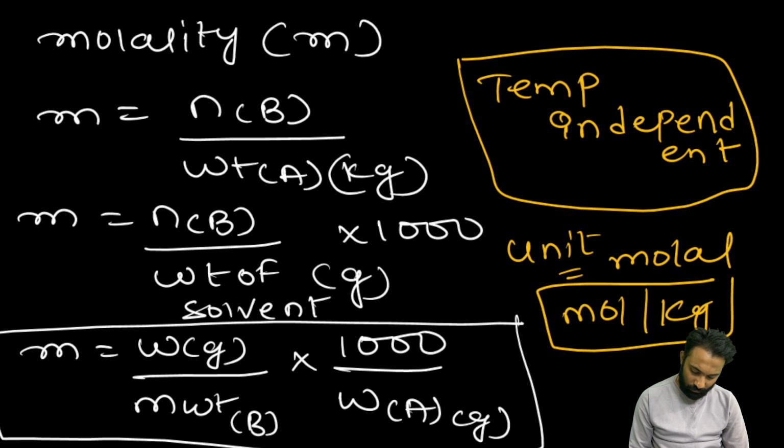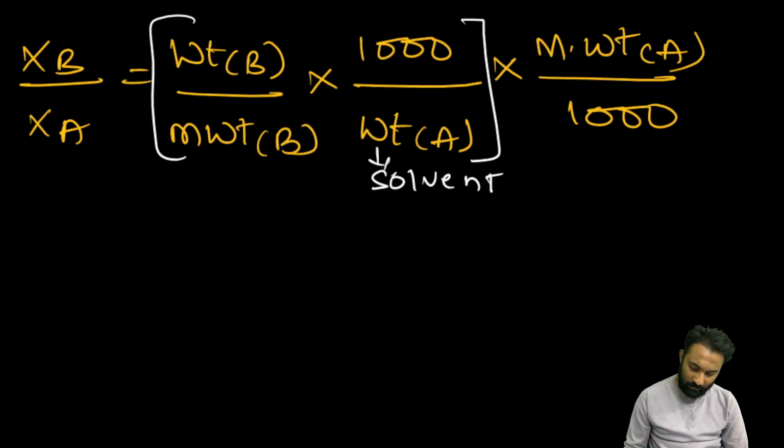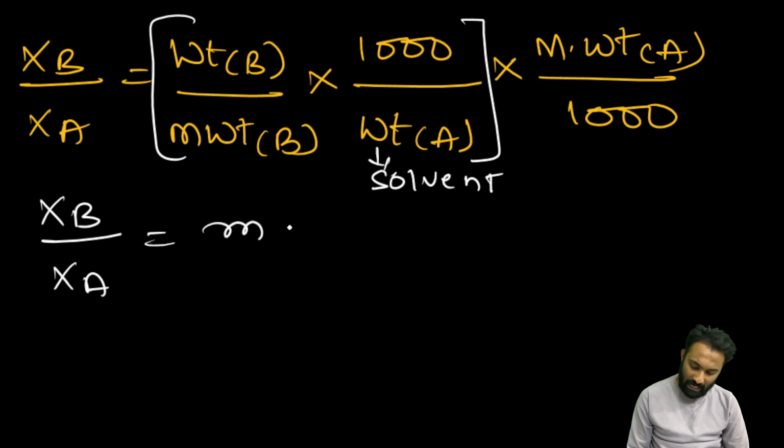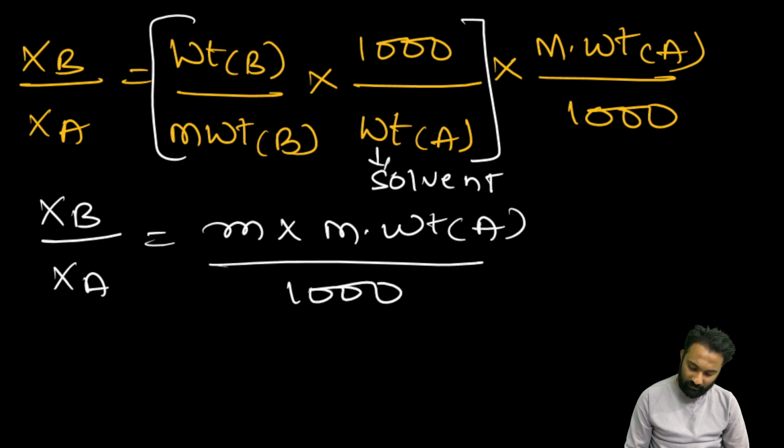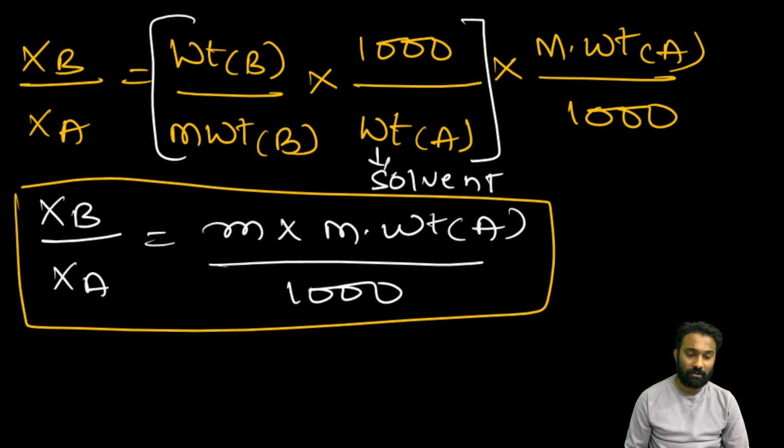Clear? Then chi B by chi A is equal to molality into molecular weight of A by 1000, can I say? Clear? Now you see the beautiful relation that we got between the mole fraction and the molality.